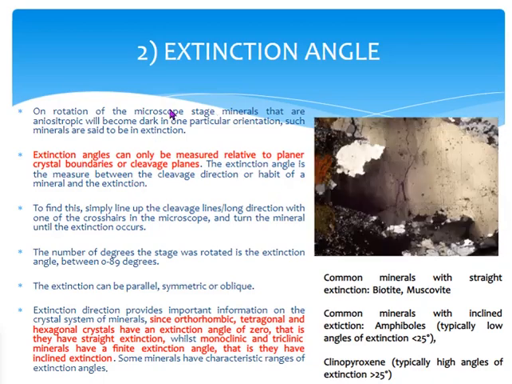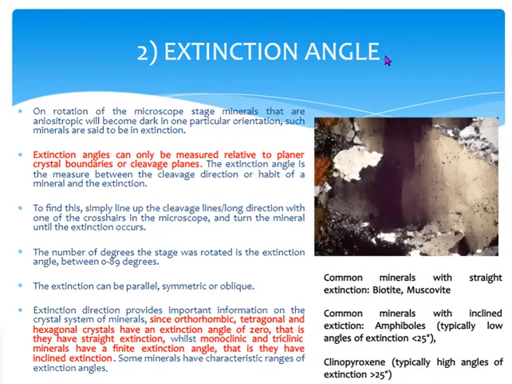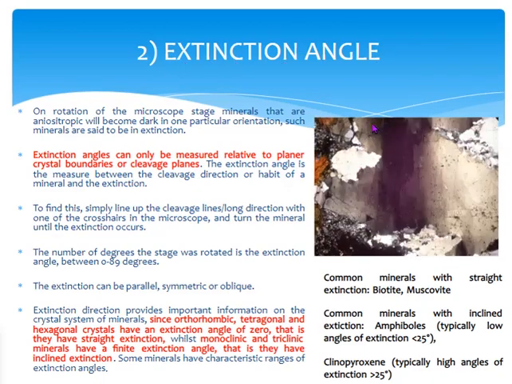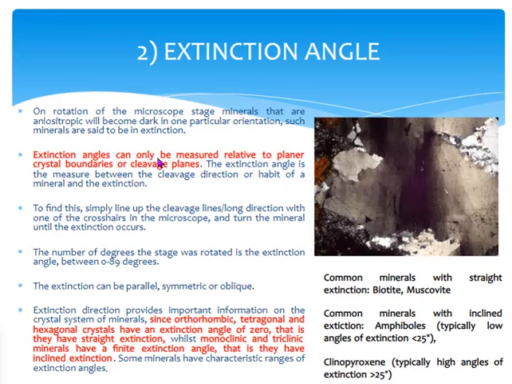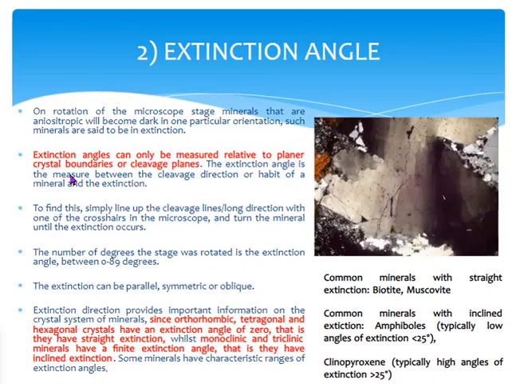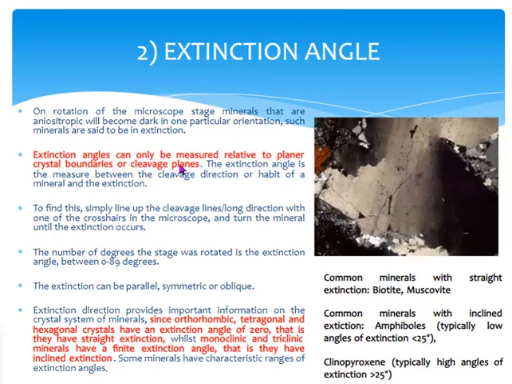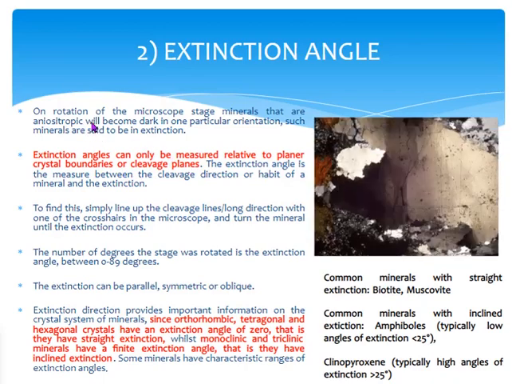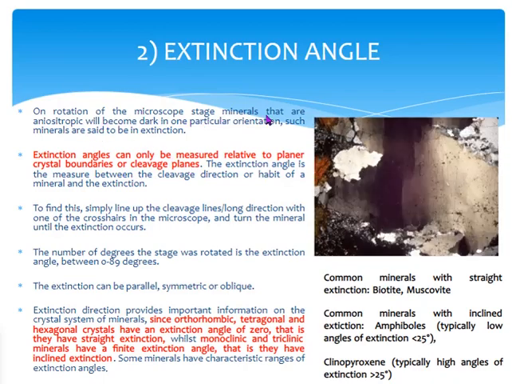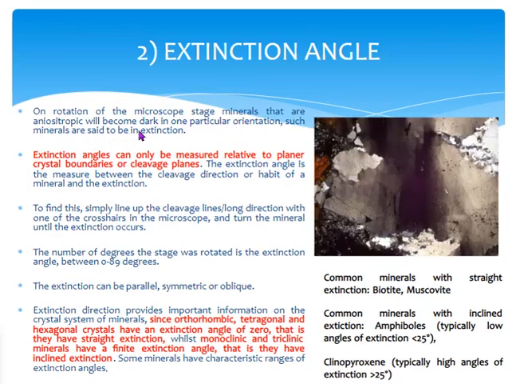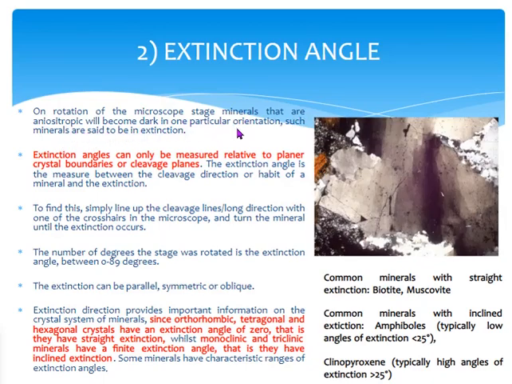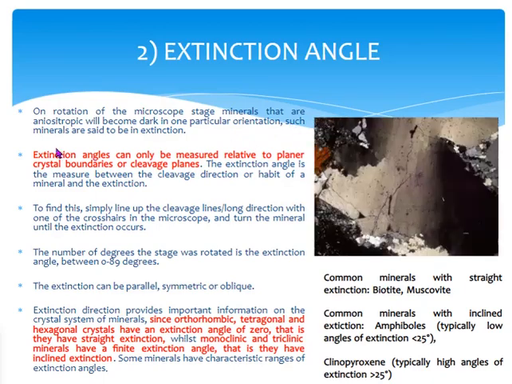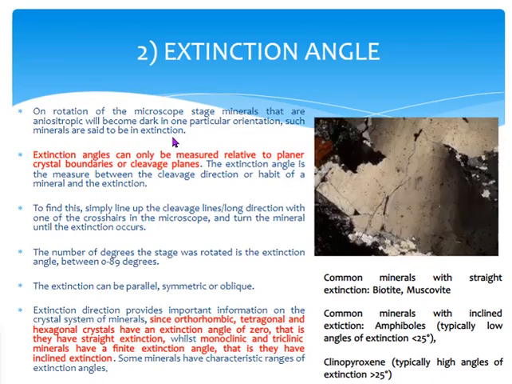So what is extinction angle or extinction? Extinction angle can only be measured relative to the planar crystal boundaries or cleavage planes. Extinction means on rotation of the microscope stage, minerals that are anisotropic will become dark in one particular orientation. Such minerals are said to be in extinction.